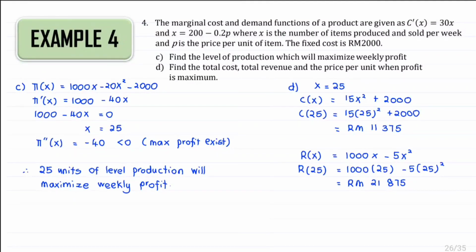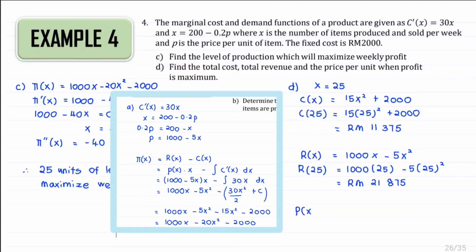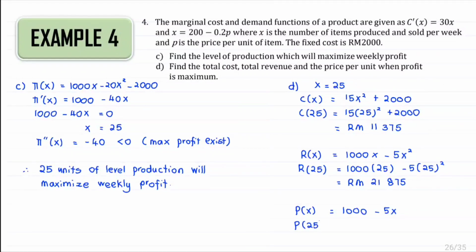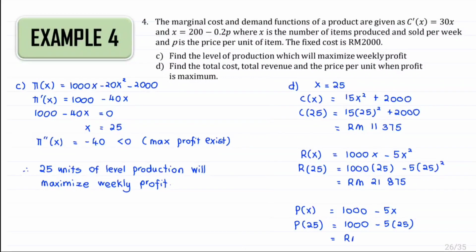And last, we find the price per unit. Price per unit is p(x). For the function p(x), we use the previous answer, 1000 minus 5x. So we find p(25). Then we get the answer 1000 minus 5 times 25 equals RM 875.